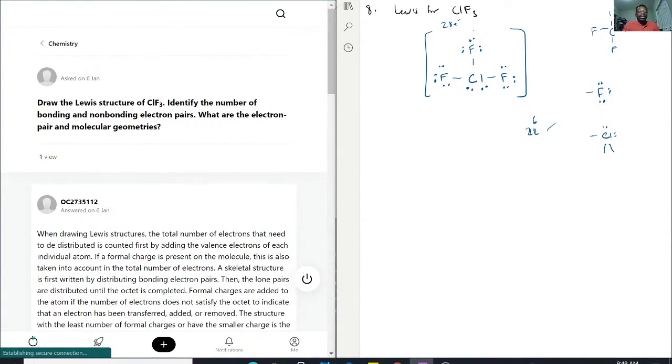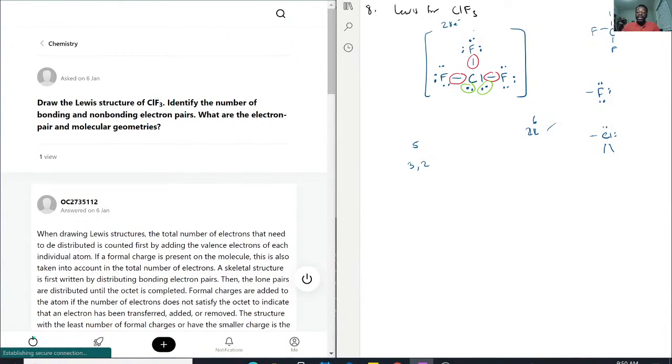Now let's identify the number of bonding and non-bonding electron pairs. Based on the central atom, we have 1, 2, 3 bonding pairs and 1, 2 non-bonding electron pairs. Okay. So the way we would write this down is that it has a 3-2 split. The total number of pairs is 5. That's how we find the electron pair geometry.